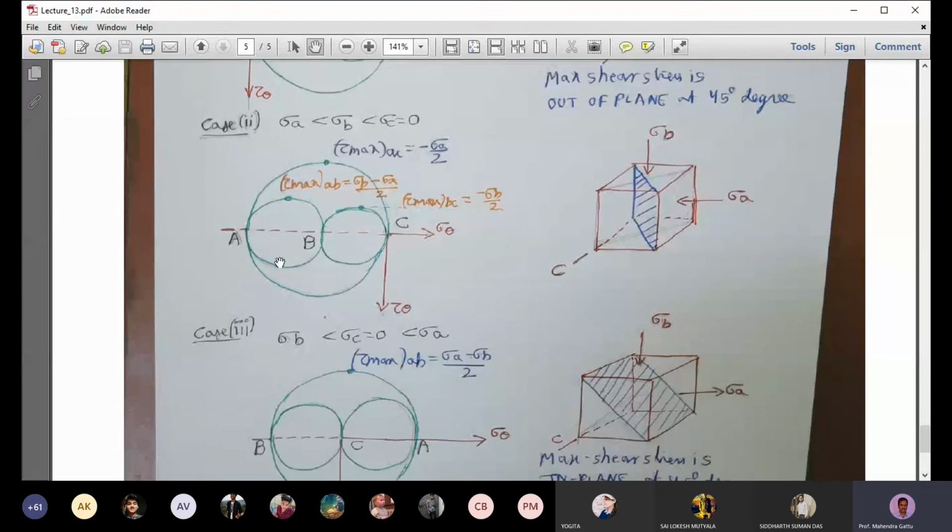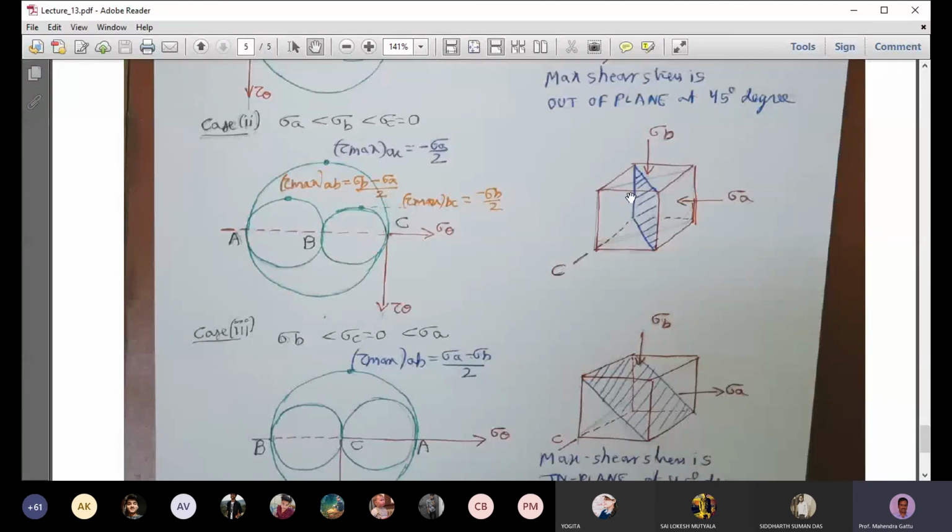And we can again draw the Mohr circle. For AB we get one circle, for BC we get another circle, and AC gives the largest one. The largest one has the maximum shear stress, and that value is sigma A by 2. For the remaining circles we get shear stress, but it is lesser than the largest circle.